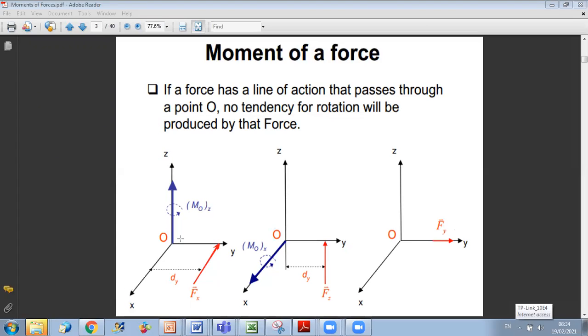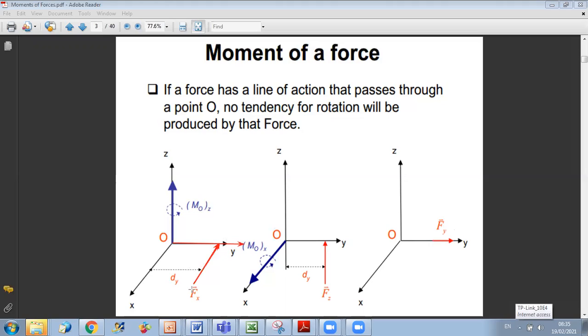Okay? Now, will it produce a moment about the y-axis? Who can tell me? Can it produce a moment about y? No, it cannot. What is the reason? Because it's passing by the axis. So if a force is passing by the axis, also it cannot produce a moment about this axis. So in this figure, Fx can only produce a moment about z.